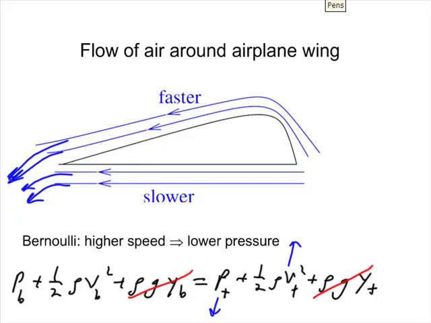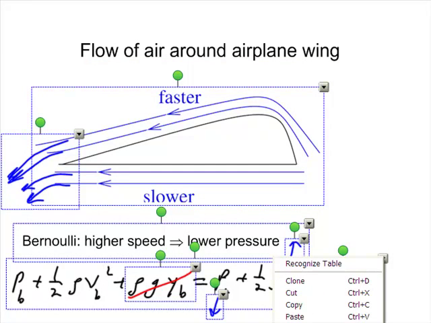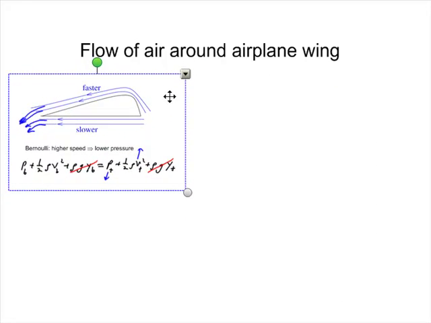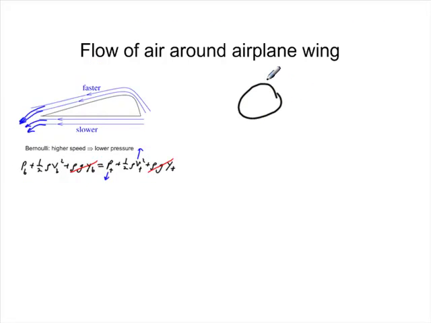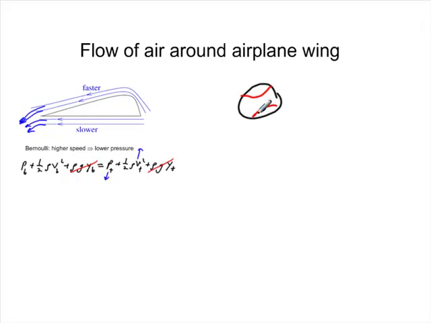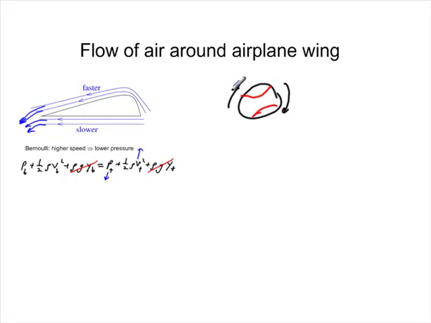A couple other cases that I like to consider, and I'll just talk about them briefly. A baseball, a spinning baseball, effectively has a higher speed on one side than on the other.